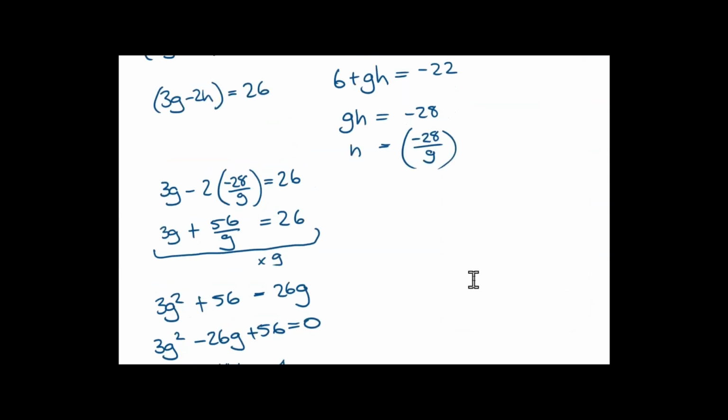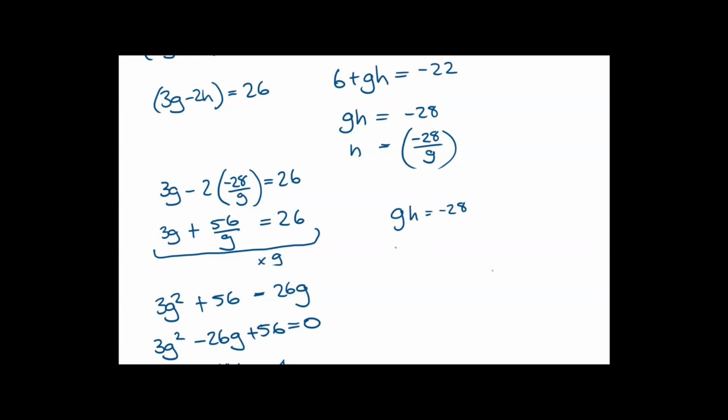Okay, so now we've got the two answers for g, and we can use this one here: g times h equals negative 28.